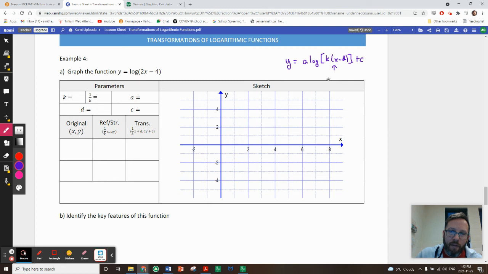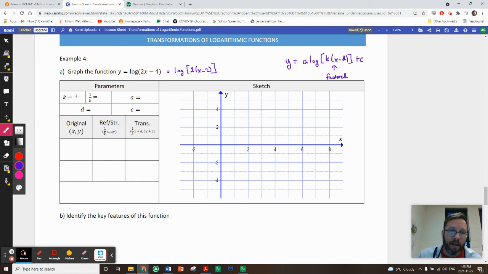We need to have the inside factored so that we can read off the appropriate horizontal translation. So here, we need to rewrite the inside of that log as 2 times (x minus 2).